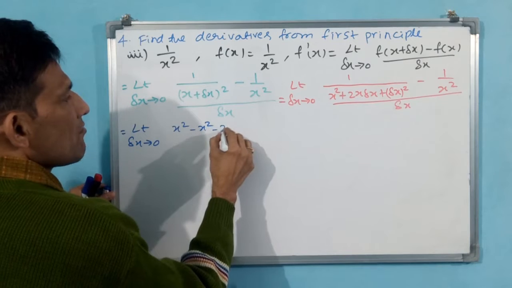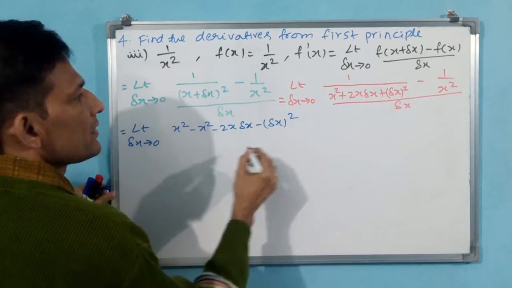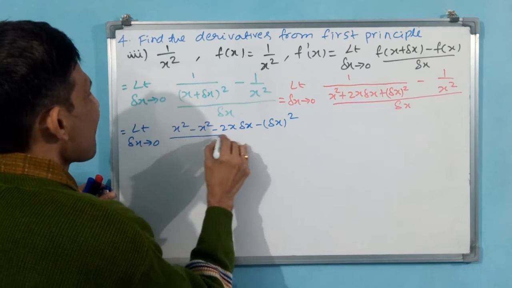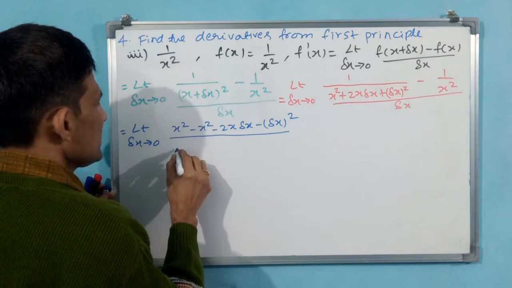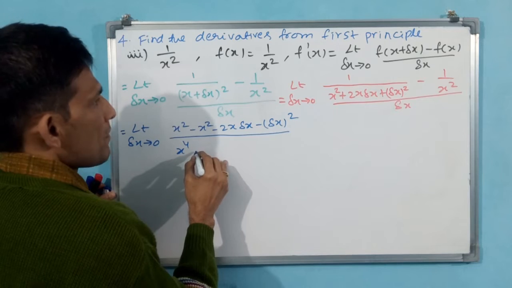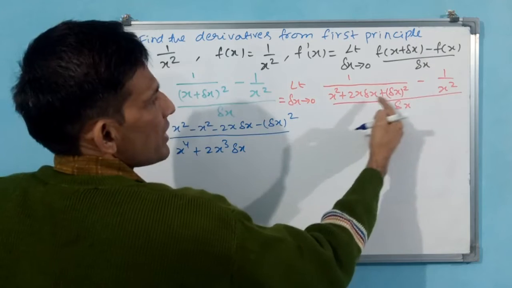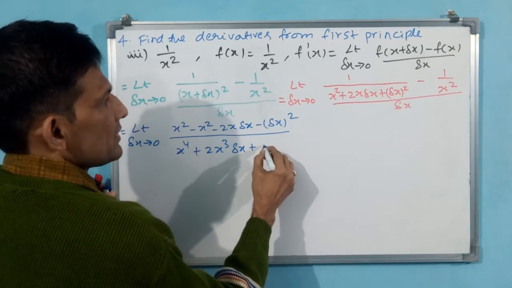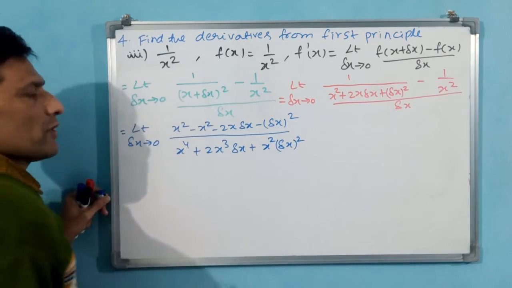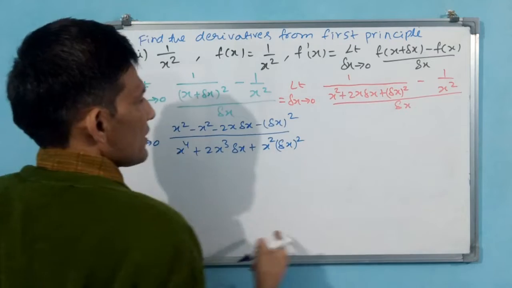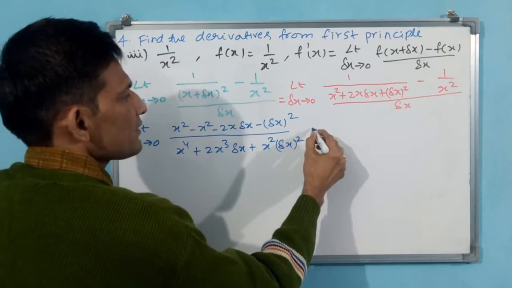Minus x square minus 2x delta x minus delta x square divided by, you see x square is going to multiply this, x to the power of 4 plus 2x cube delta x. Why? Because x square into x cube, plus x square delta x square. Cross multiplication we have done. See, now divided by delta x by 1 is there, you can write now into 1 by delta x.